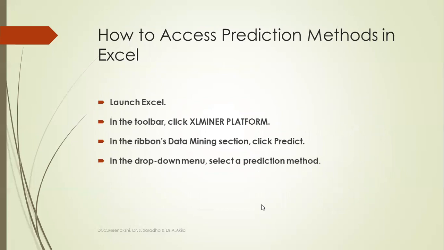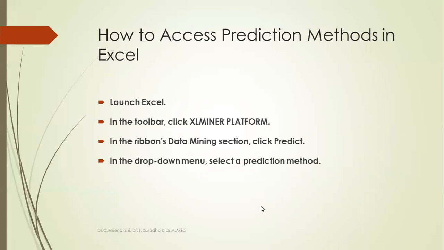So how do we access these prediction methods in Excel? Launch Excel, and in the toolbar you will have the XLMiner platform. Go there, and in the data mining section of the ribbon, click Predict.